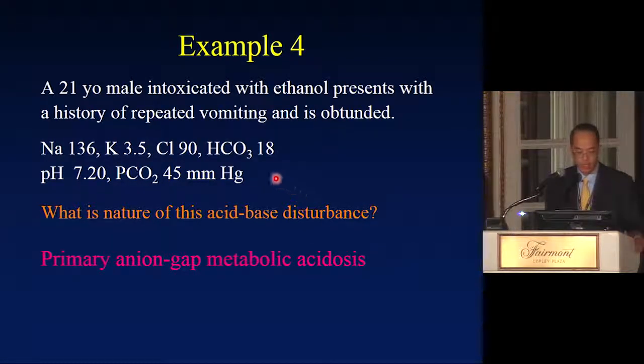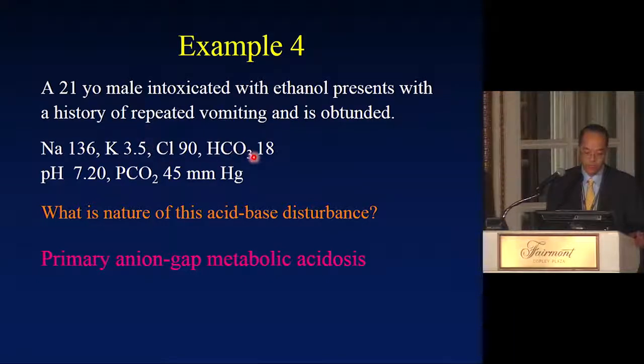The bicarb is low and the pH is low, so it looks like a primary metabolic acidosis. The PCO2 is, let's see, a little bit elevated, so that's not what you would expect with a simple metabolic acidosis, so it's probably a little bit of a respiratory acidosis.